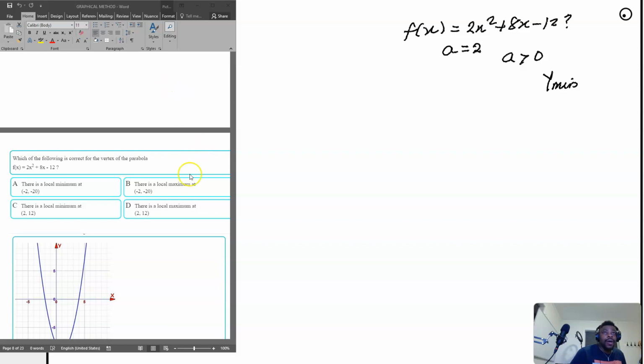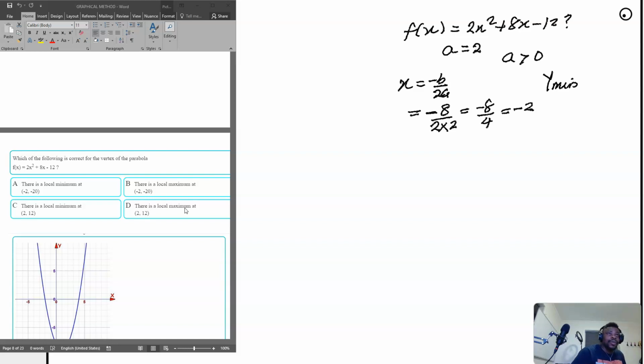So we already know our answer is either a or c. It cannot be b and d because this is maximum. Now let's get our x. Our x is minus b over 2a. So minus b is 8, 2 times 2, that is minus 8 over 4, that is minus 2.